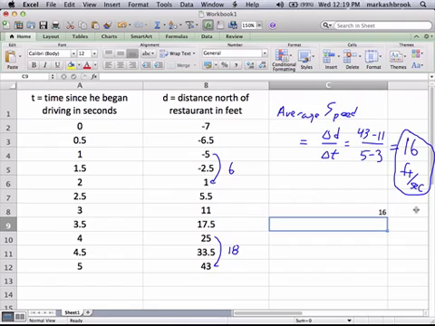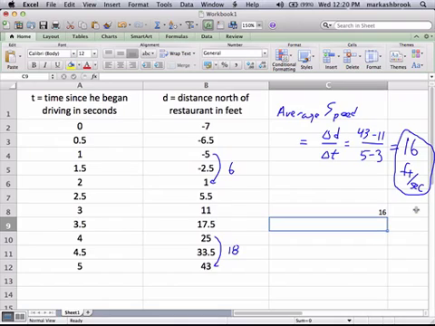Which means that through that time period, he was traveling approximately 16 feet per second. Doesn't need to be approximately 16. He could go super slow for 1.9 seconds, right? And then go super fast for the last 0.1, and his average speed could be 16 feet per second, so he never went close to 16 feet per second, do you see?